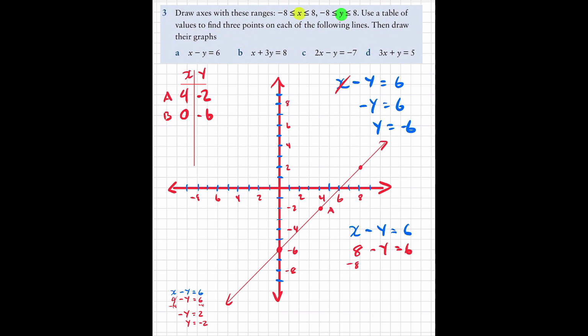I'm going to subtract 8 from both sides. I got negative y equals negative 2. If negative y equals negative 2, then y is equal to positive 2. So this should be a point 8 and 2. So that's the point that I have right there, and we'll call that one point C.